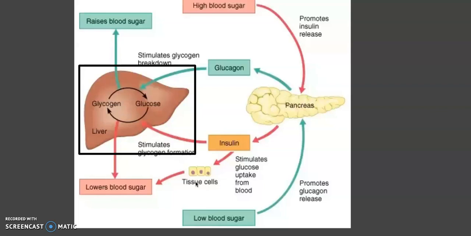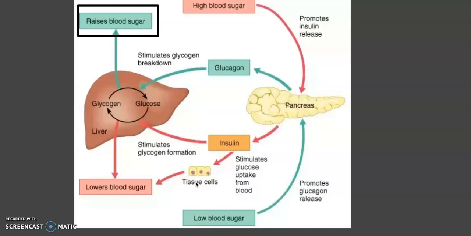So by doing both of these things, the blue pathway is taking low blood sugar to raising blood sugar through alpha cells in the pancreas, releasing glucagon, which breaks down glycogen into glucose.